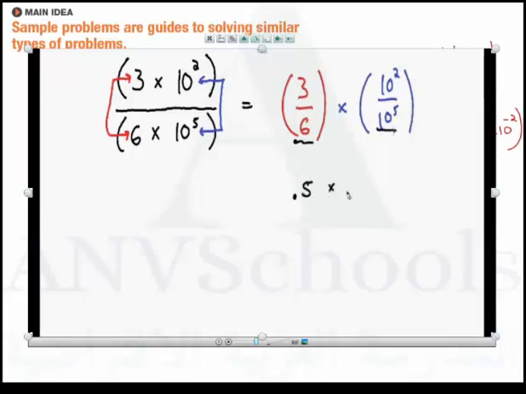Then we will take the exponents, 2 subtract 5. Because we are dividing in this case, we will subtract. So we'll end up with 0.5 multiplied by 10 to the power of negative 3.